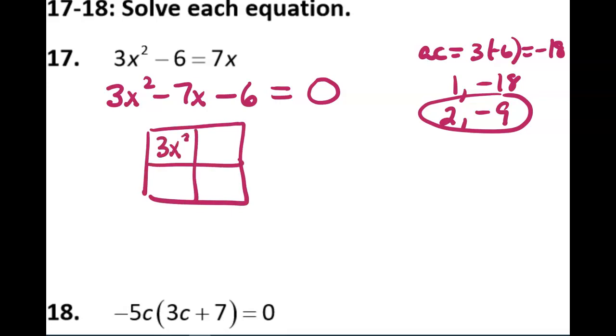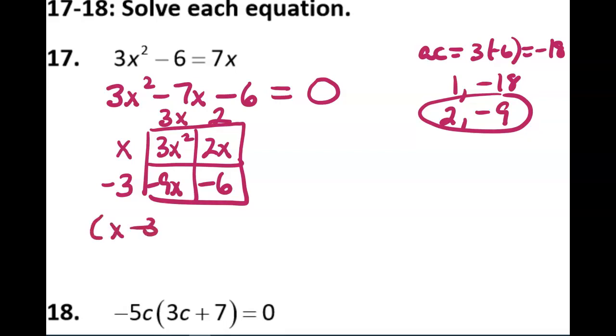So 3x squared plus 2x minus 9x, and then -6. GCF of the top row is x, of the bottom row is -3. The left column, 3x, and the right column, 2. So we have x minus 3 times 3x plus 2 equals 0.